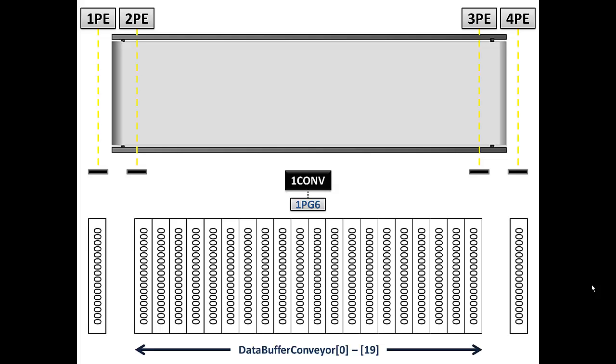Now if the carton's still blocking photo eye 2 PE, then we're going to continue to put that code into that first position until the carton clears the photo eye, and at that point we should have a data image that looks just like our box conveyor image. So our data conveyor and our box conveyor should look very similar, and this is so we can keep track of what the product is in each location on the conveyor.